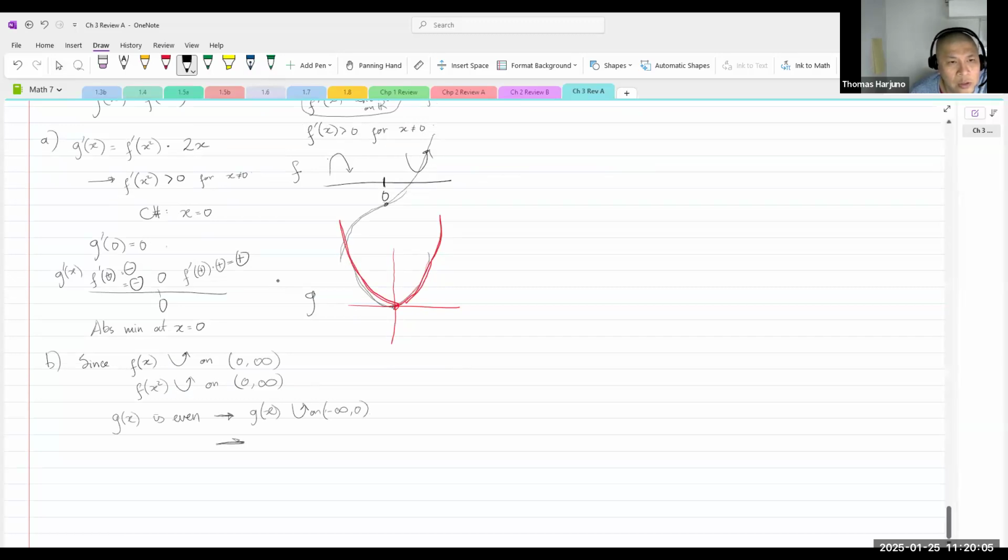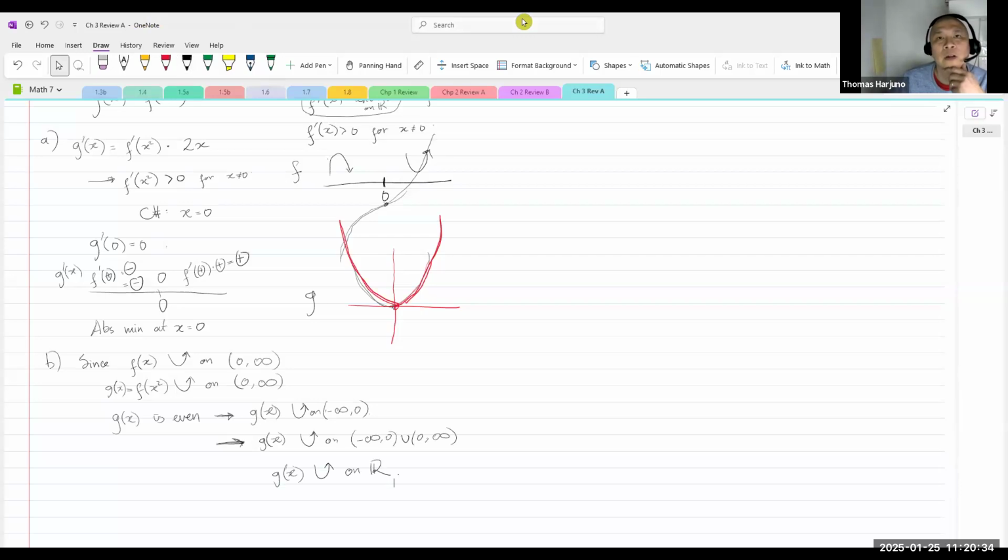In other words, g of x is concave up on negative infinity to 0, union 0 to infinity, but one point does not tell us the concavity. So this will be concave up on all real numbers. At least, honestly, that's my opinion.